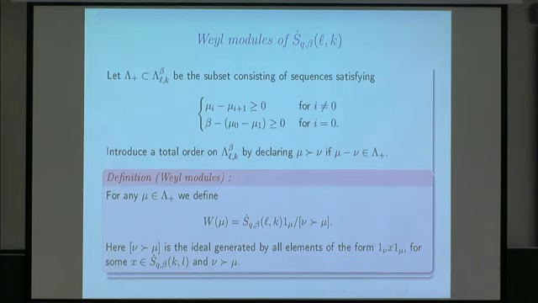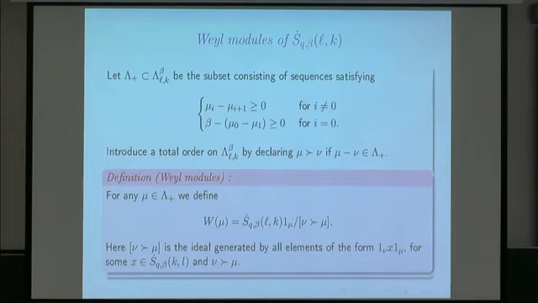And now, using this order, you can define Weyl modules, so highest weight modules, for some mu in the positive weight lattice. We can define the Weyl module by the usual quotient. So you mod out by all weights that are above mu in this total order.